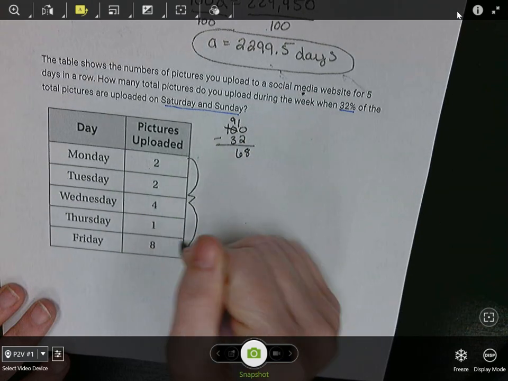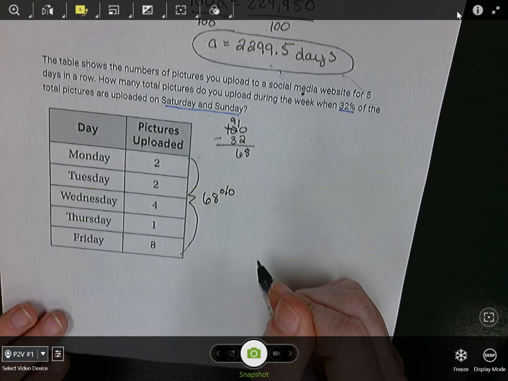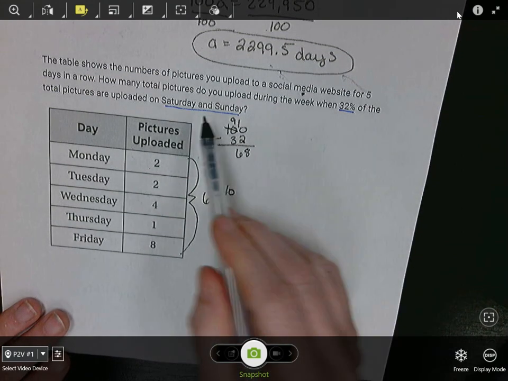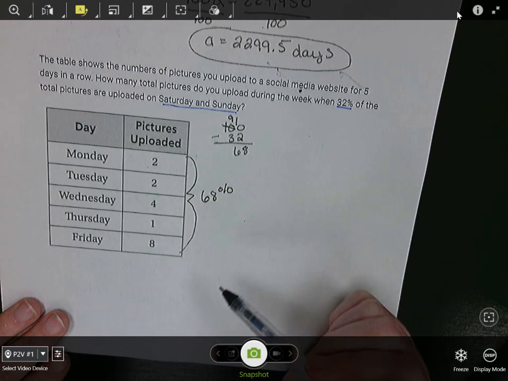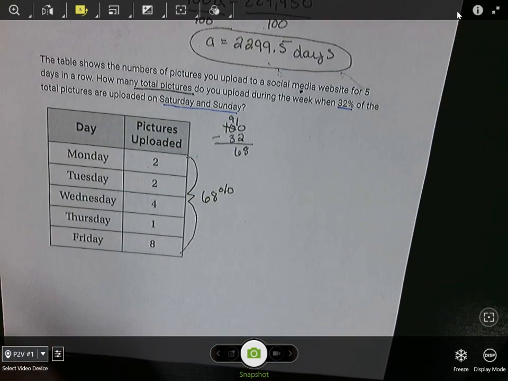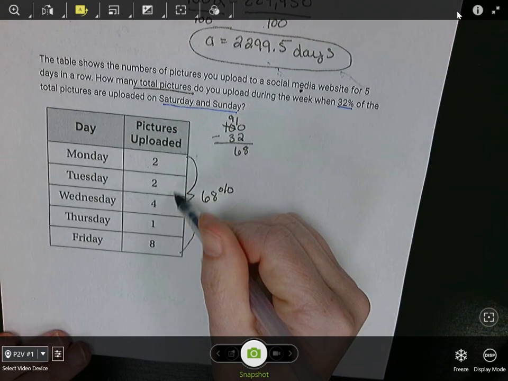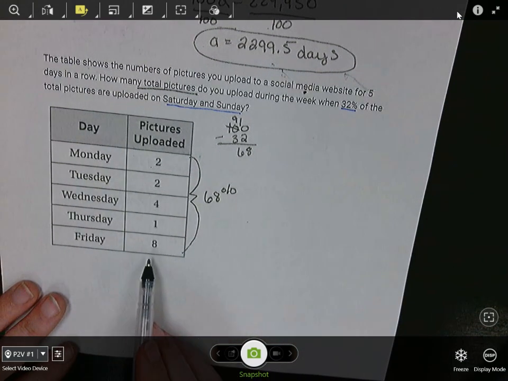So this amount represents 68% of the total amount. If 32% was done on the weekend, 68% was done Monday through Friday. They want to know how many total pictures, so they want the whole amount. This is just part of it.